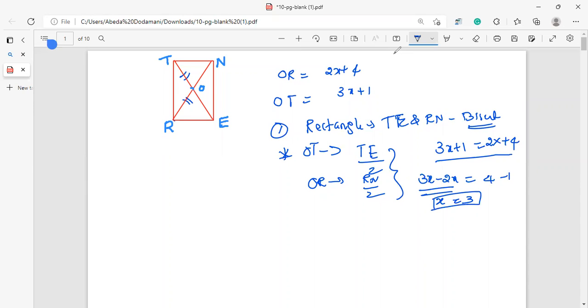Now similarly, they give you some questions in the case of squares. So this is like a little rectangle. Now let us have some questions on the square as well.